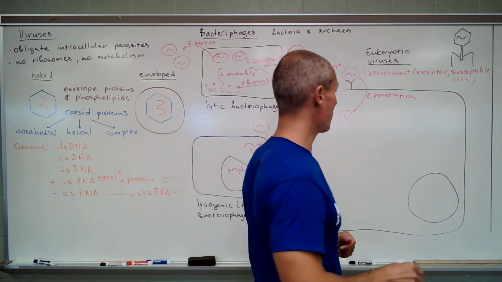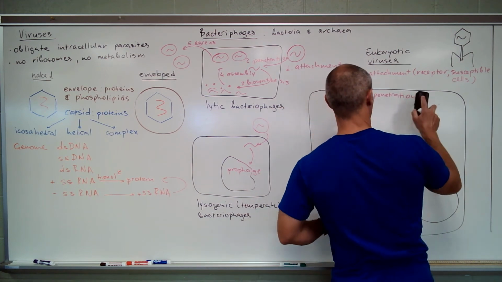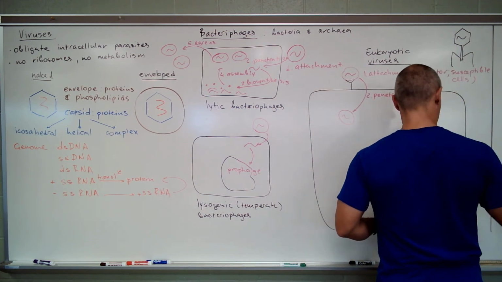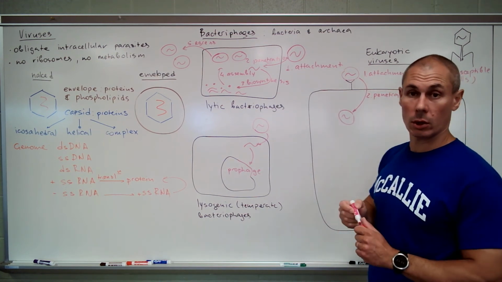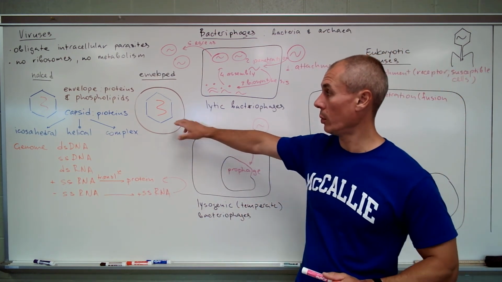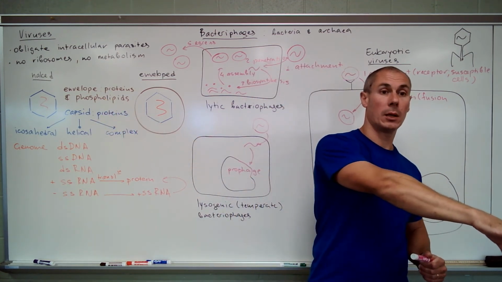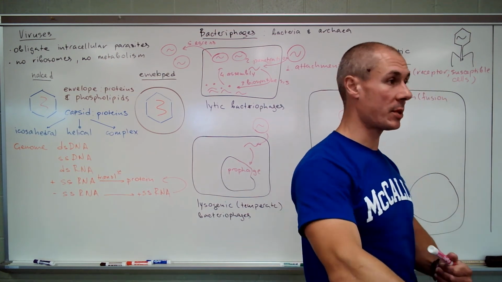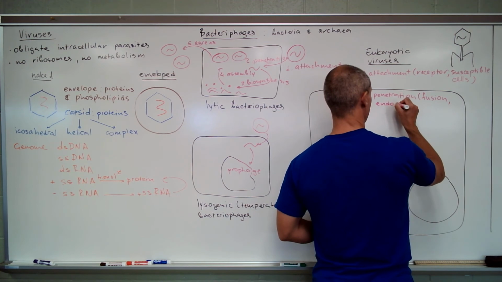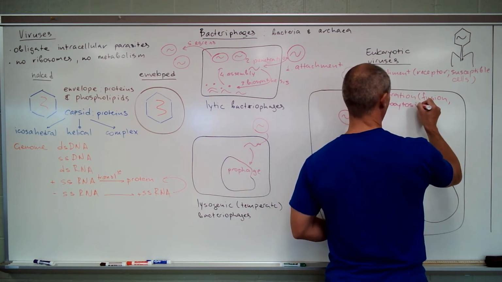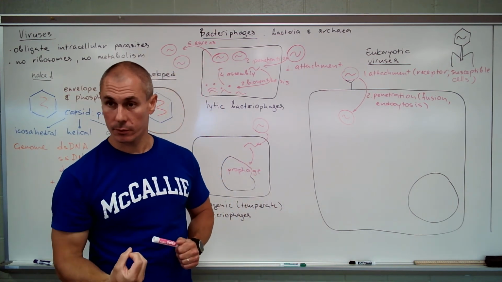Two main mechanisms for penetration are fusion, when the envelope, which consists of phospholipids, fuses with a membrane, releasing the capsid into the cytoplasm, or endocytosis, that's very, very common. A vesicle packages the virus and takes it in.